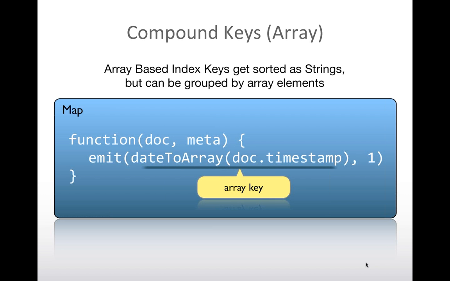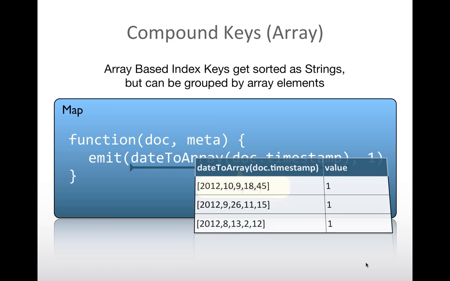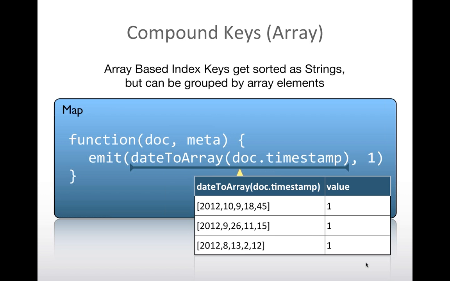That will create something like that, an array of numbers for the date and the value, allowing you to query that in multiple groups, to count, for example, the number of messages you received in 2012. And it will be very efficiently stored on disk using a B tree to allow you to do a very, very fast and efficient query when you are looking for the data.